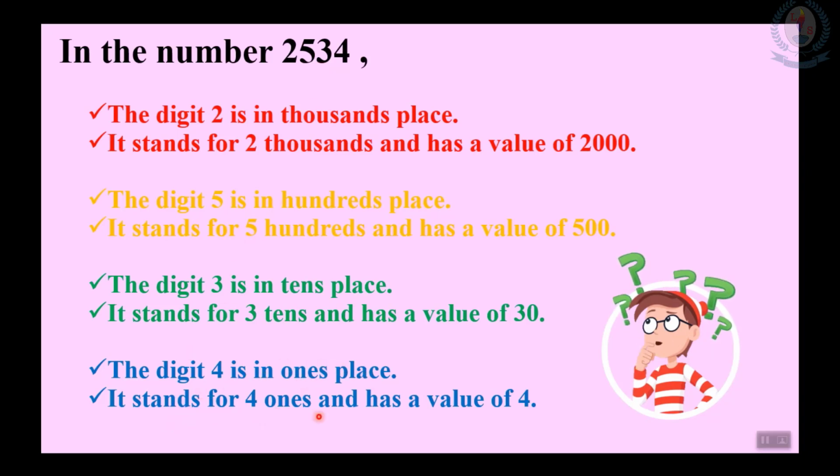It stands for 4 ones and has a value of 4. The value of digit 4 is 4 in the ones place. The value of digit 3 is 30 in the tens place. The value of digit 5 is 500 in the hundreds place. The value of digit 2 is 2000 and it is in the thousands place.